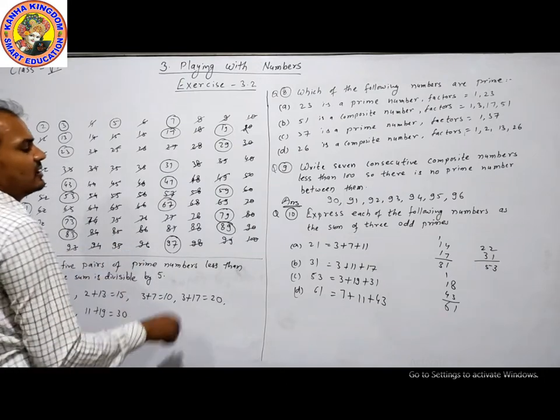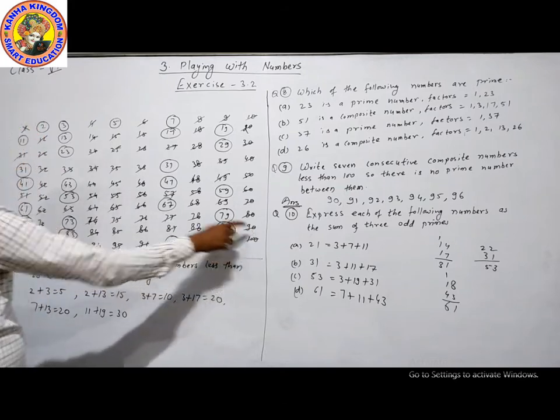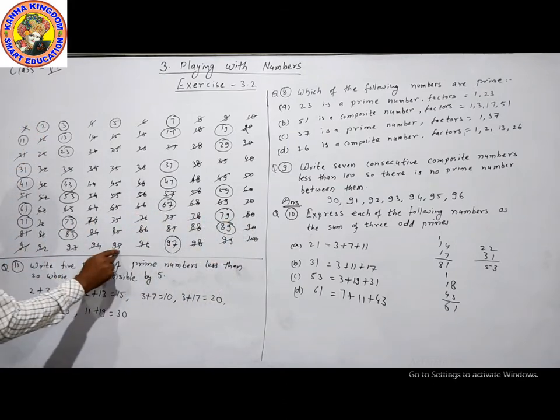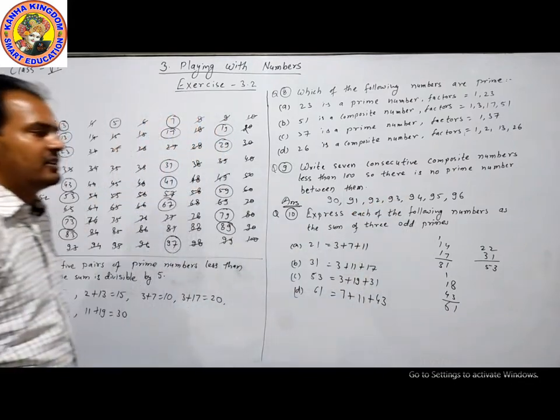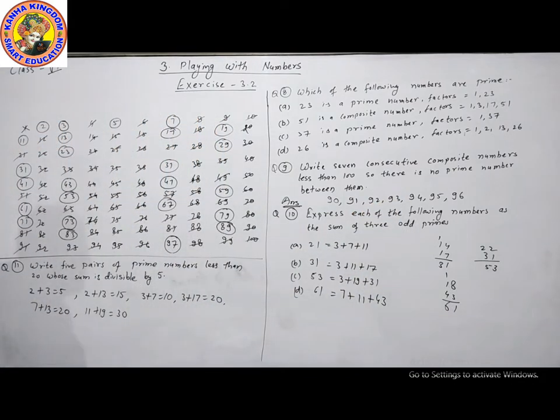Yes, there are 7 continuous numbers: 90, 91, 92, 93, 94, 95, 96. In between them no prime number exists.